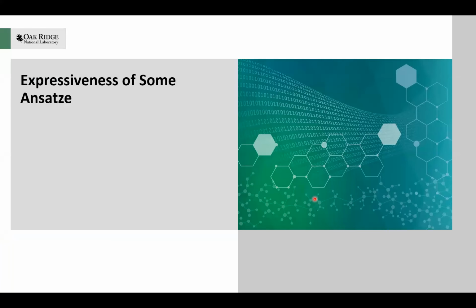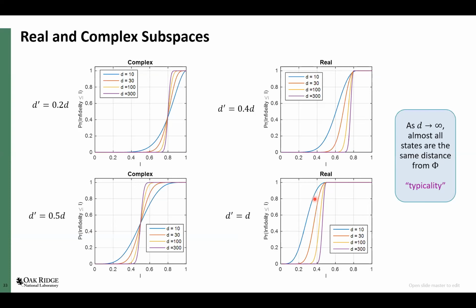Okay, in the last few minutes, I'm going to apply this to a few different circuit ansatz. Kind of as our baseline, these are what the plots look like for circuits that generate, say, all the states within a complex subspace, or all the real states within a certain subspace.